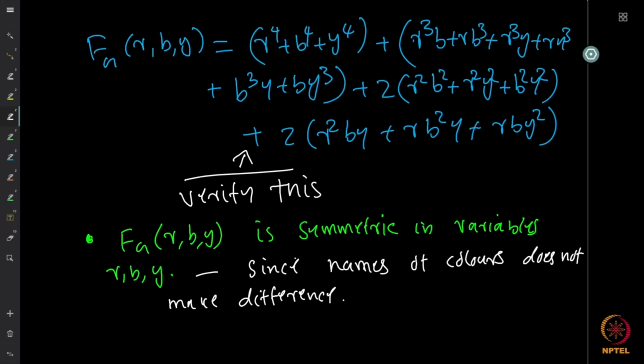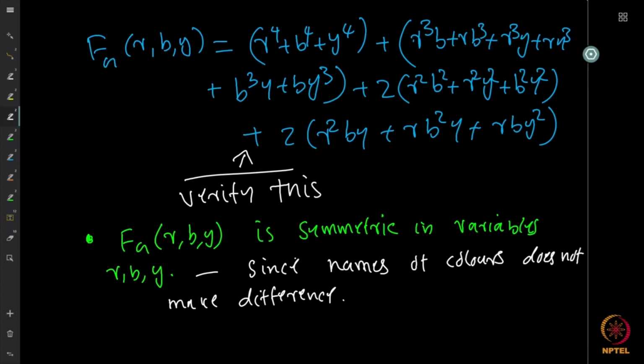So you will see that this is actually going to be equal to r raised to 4 plus b raised to 4 plus y raised to 4, because there is only one coloring where all the cells are colored with red. Red appears 4 times means that I have one coloring and that's it. Whatever else you are going to do, it's going to be the same if you are using only red color. So similarly, b raised to 4 and y raised to 4 are very clear.